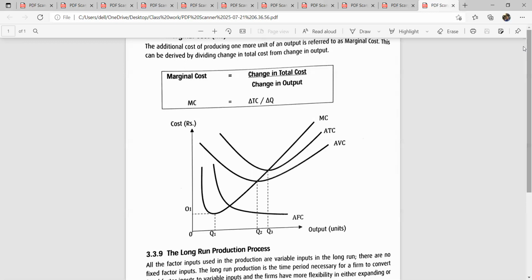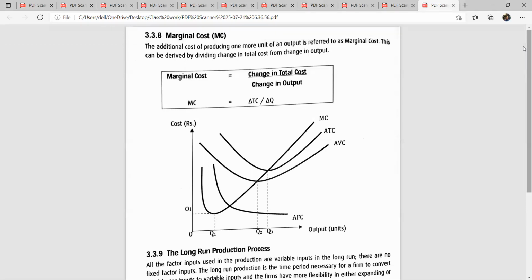Marginal cost. The next one. So marginal cost means the additional cost when an additional unit is produced. The term margin always represents additional. When the production increases by one unit, there is an increase in total cost. So it is considered here as marginal cost. Then we calculate the marginal cost by considering the change in total cost divided by the change in output.